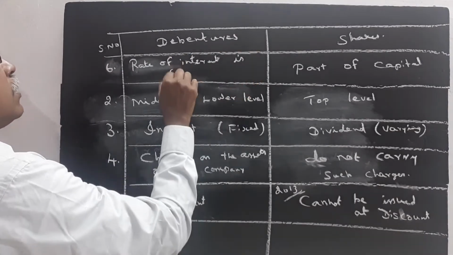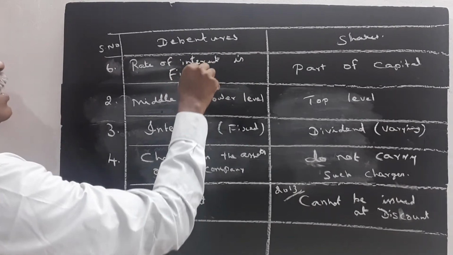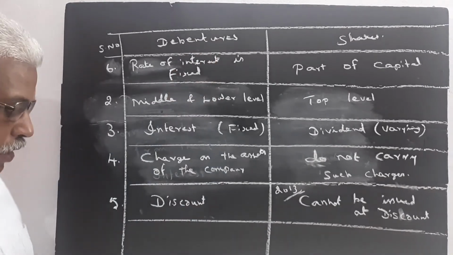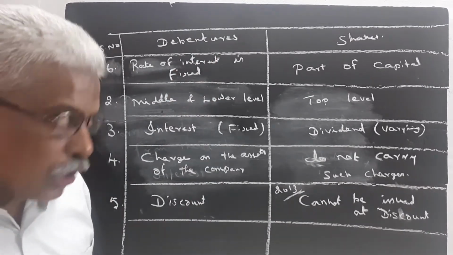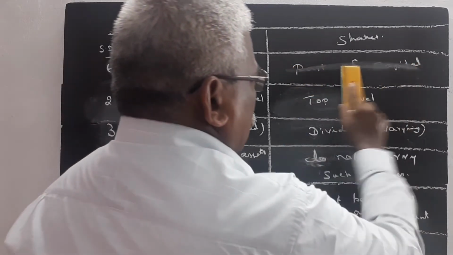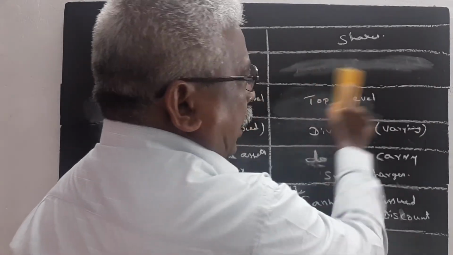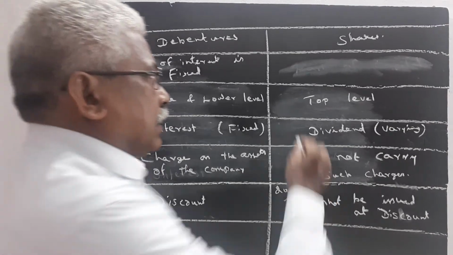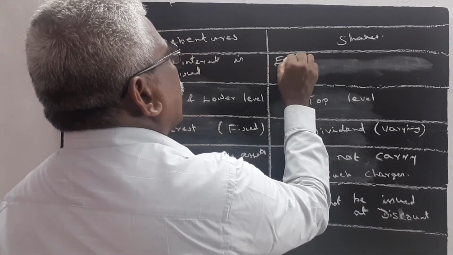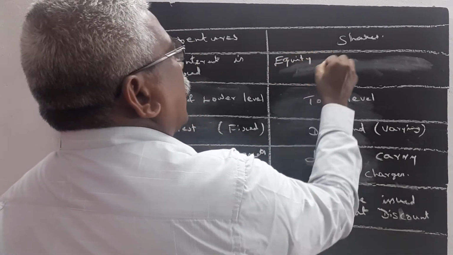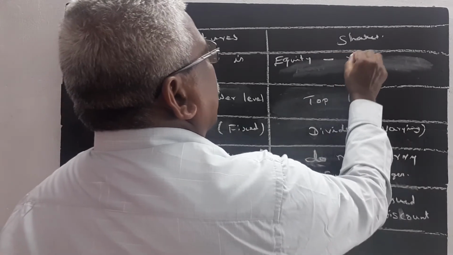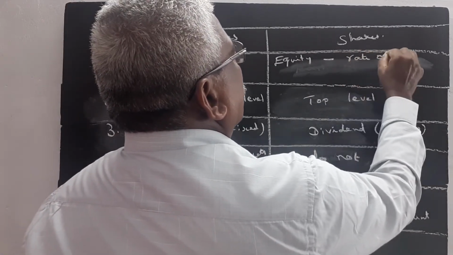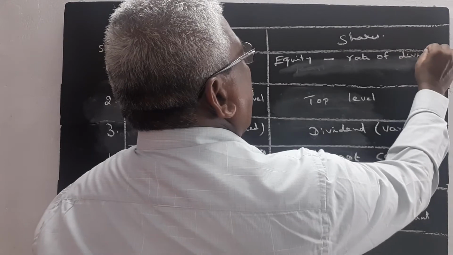Fixed rate of interest is given in the debentures. But for the shares, here we have to study, there are 2 types, equity share and preferential share. Only for equity shares, the rate of dividend is varying.